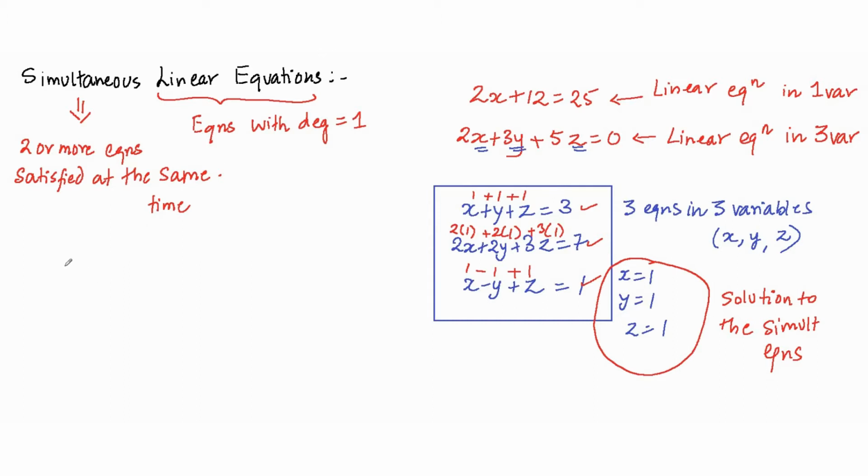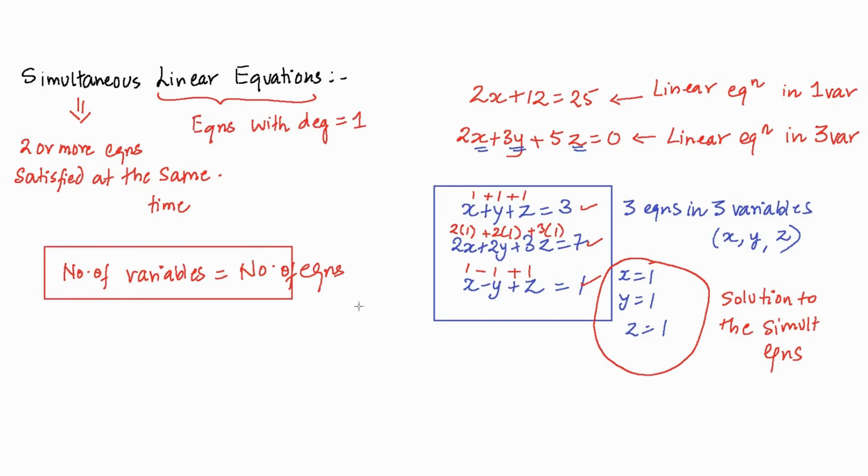So the golden rule is the number of variables that you have should be equal to the number of equations that you have, if you need to solve a set of simultaneous equations for a unique answer. It means if I want to get one single answer for x, y and z, then the number of variables should always be equal to the number of equations.